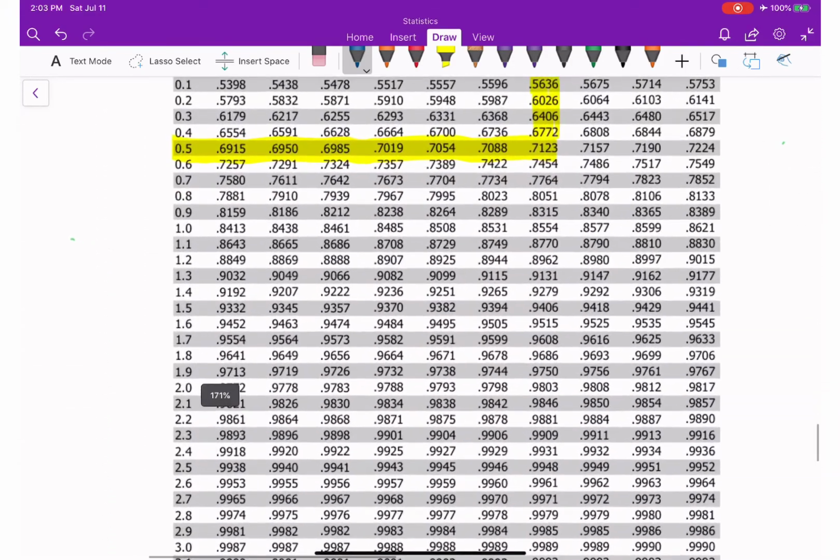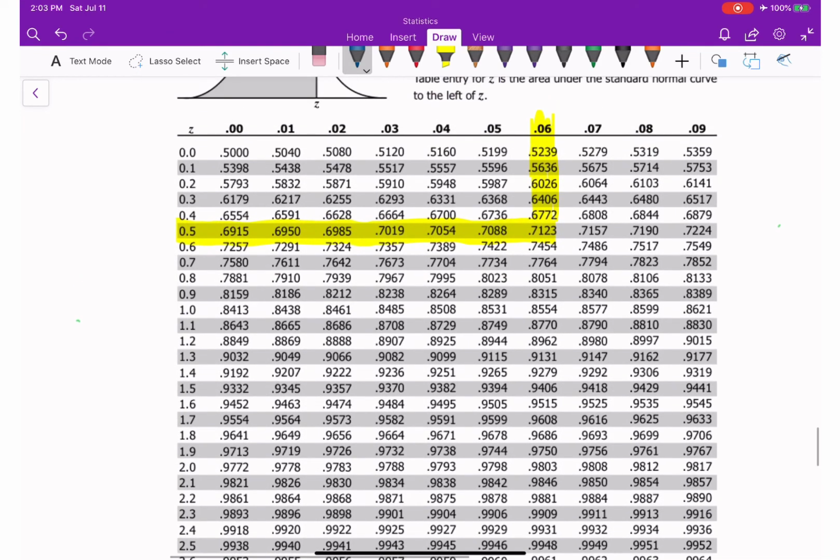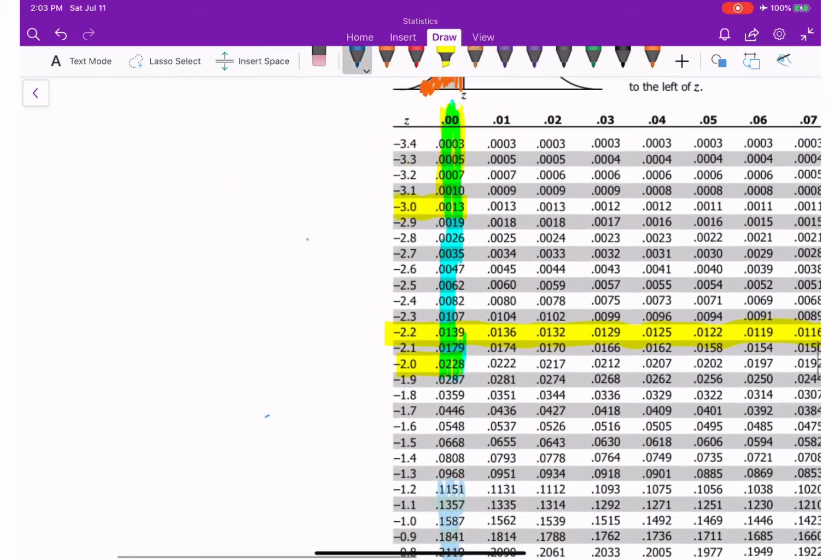So 1.3 I will find here, and going again to 6, which will come from here. 0.9131.